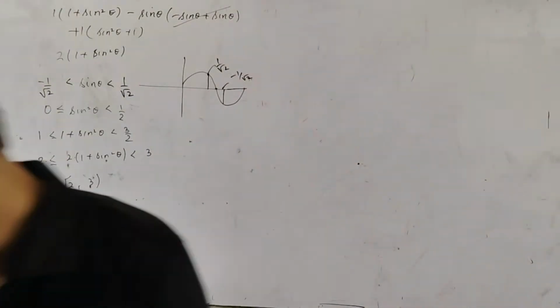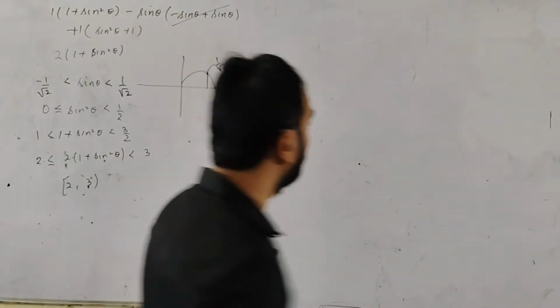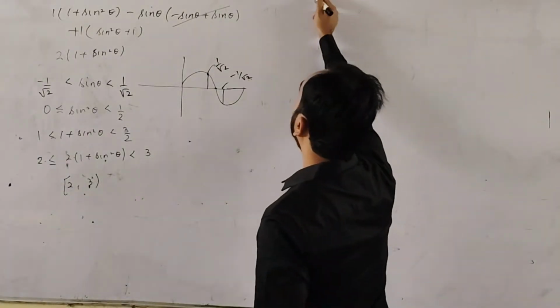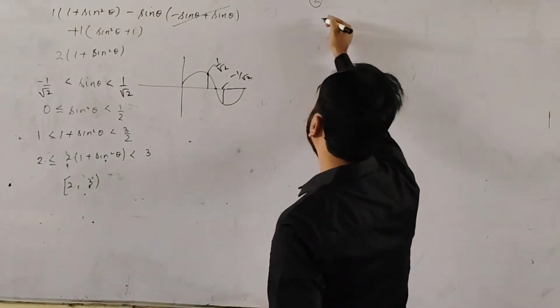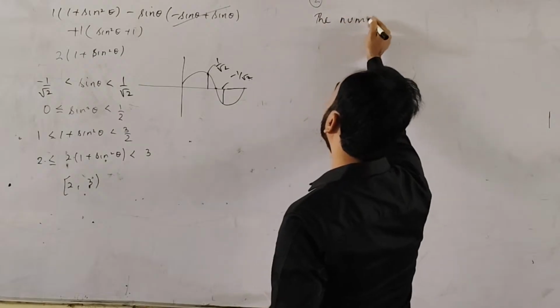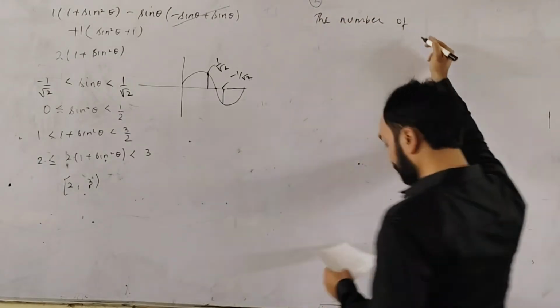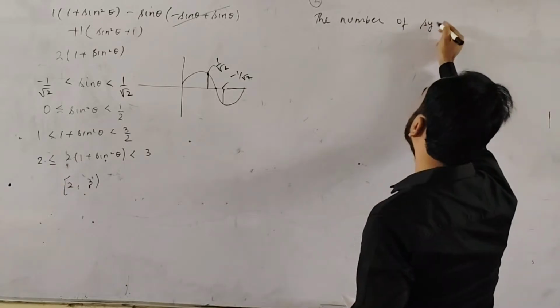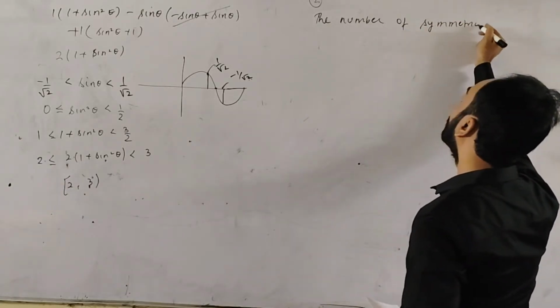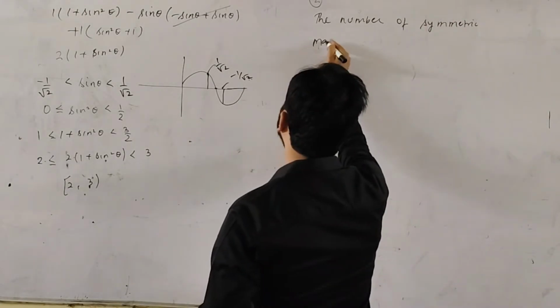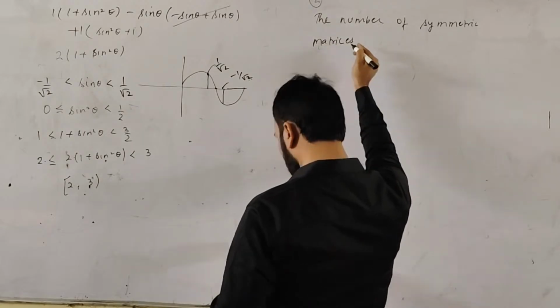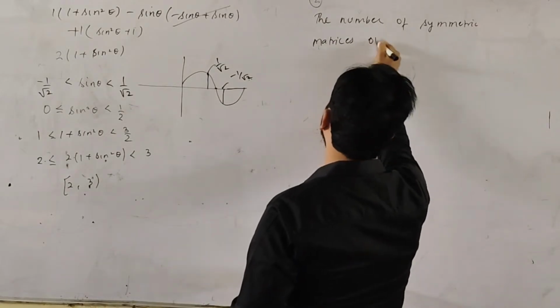Okay, so the next question is, this is also from the matrix. This is question number 2. The number of symmetric matrices of order 3.